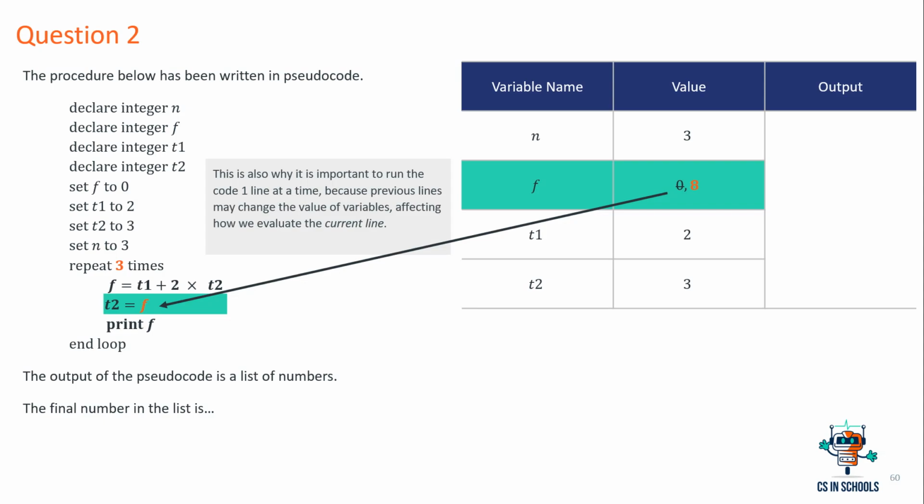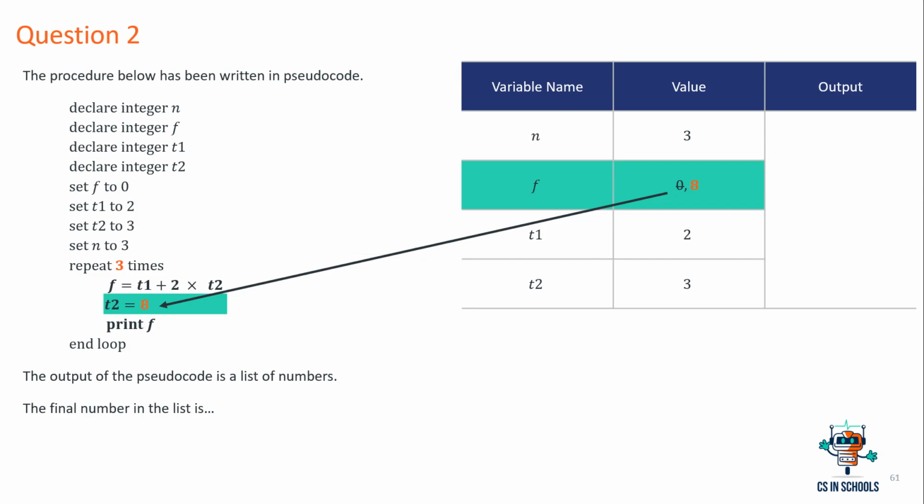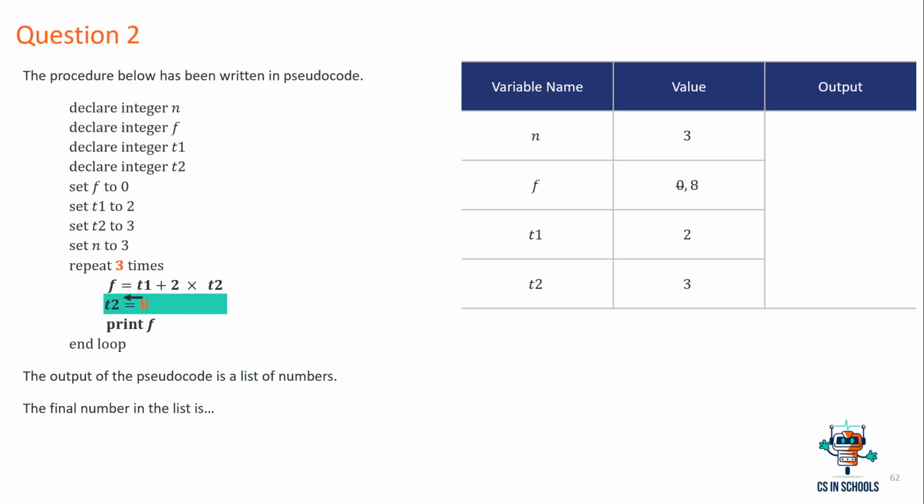And this is why it's important to run the code one line at a time, because previous lines of code which have run may change the value of variables, and this affects how we evaluate the current line. And this is also why having a trace table is super important for us to keep track of how the variable values are changing. So there's 8 being substituted in for f. That gets assigned into t2, and you'll see that t2 also changes from 3 to 8.